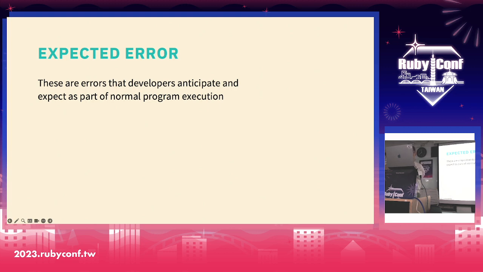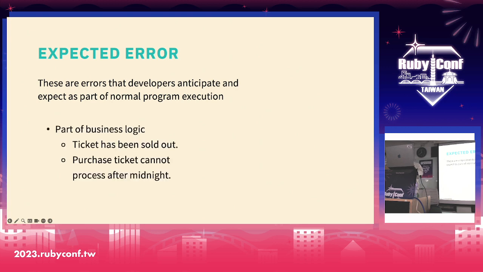For example, in our example, we design a sales ticket. So our expected error is in the business logic, maybe it sold out or the purchase cannot proceed after midnight due to a phase restriction.